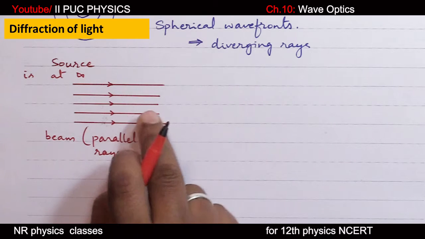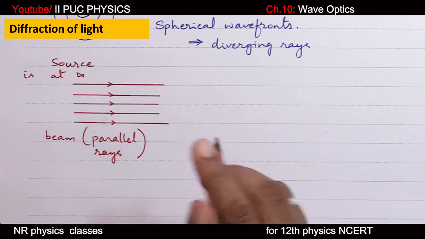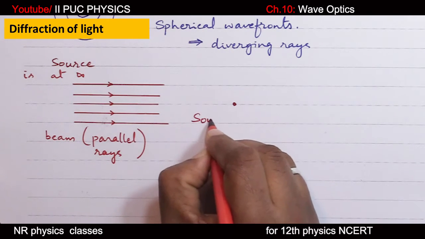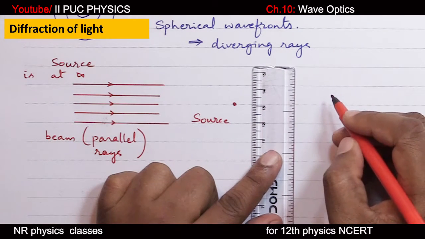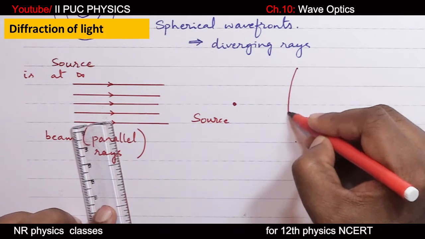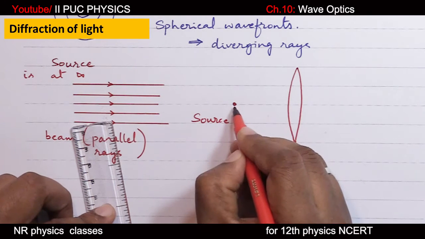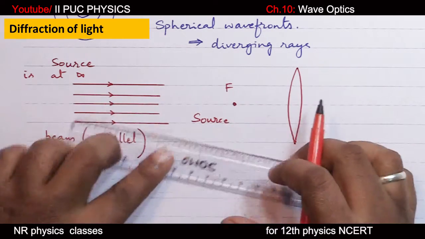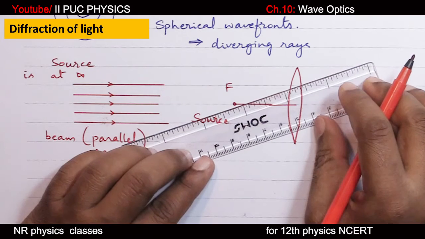In laboratory condition, parallel rays are obtained from a point source. If this is a source, and this is a lens, what is the condition? This source should be at the focus of the lens. If source is at the focus, F, then these diverging rays from this source become parallel.